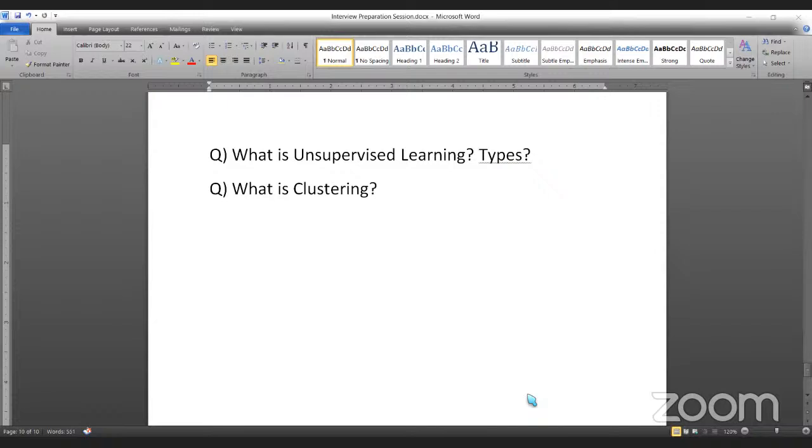Yes, Nitin, output is unknown. Yeah, Lokesh, anomaly detection is an application of unsupervised learning.